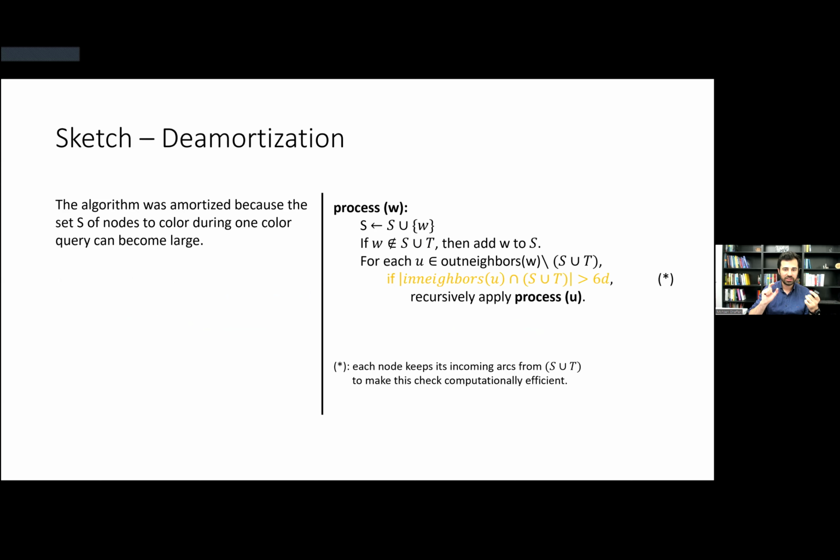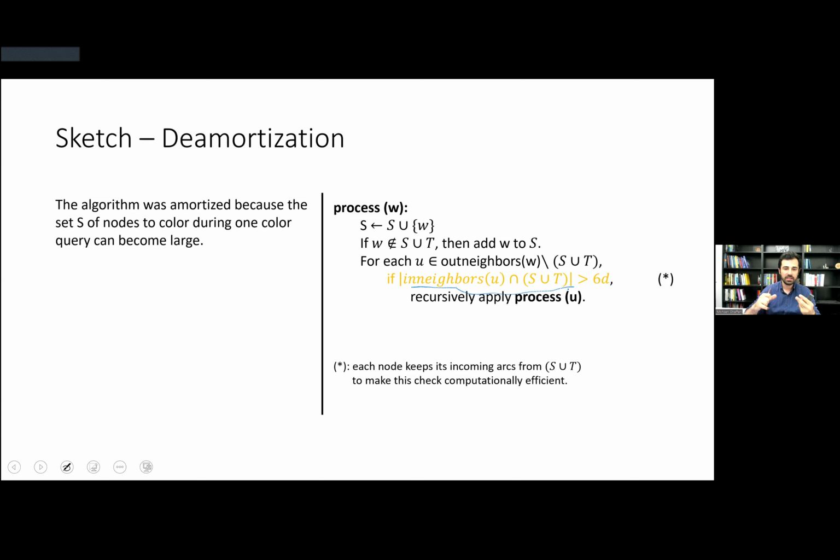Here I'll just mention some key ideas, but we won't really go into the analysis. What's the main reason that the previous algorithm is only amortized and not worst case? Well, this condition might end up creating a large set S in the course of one query.